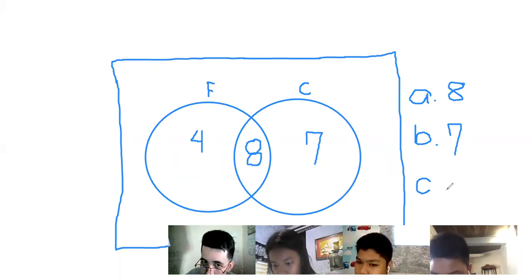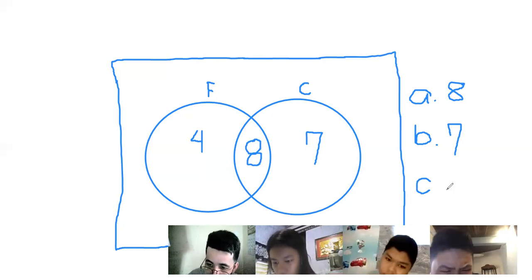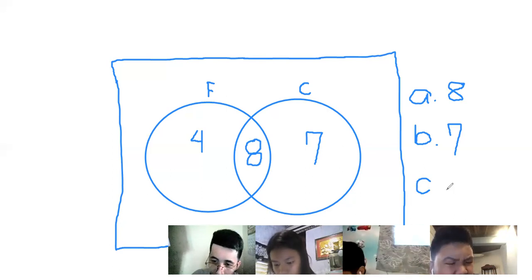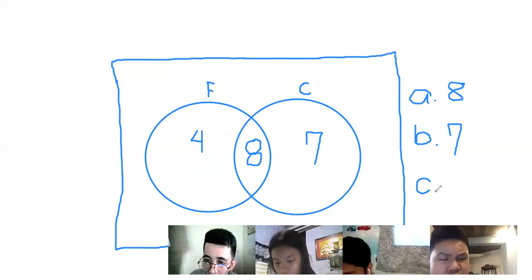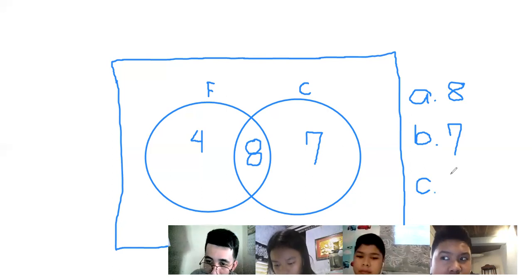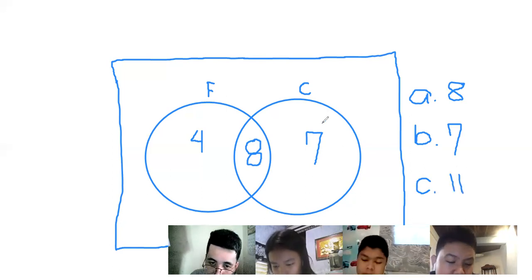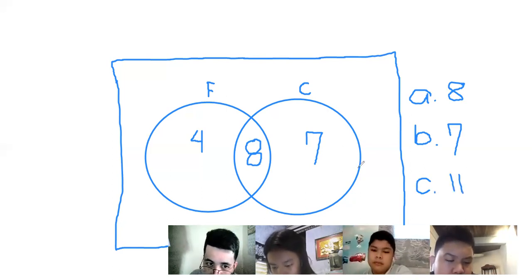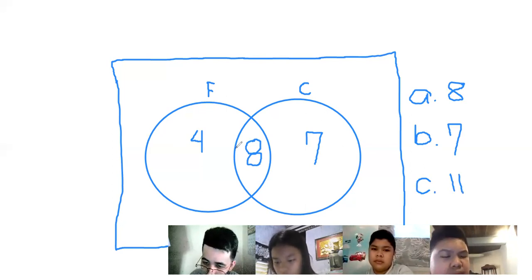It's either Chinese or French. They are taking only one subject or only one language. 11. Okay, very good. That will be 11. Why 11? Because there are 7 students taking Chinese only and 4 students taking only French. So if we sum it up, that is 11. Okay?